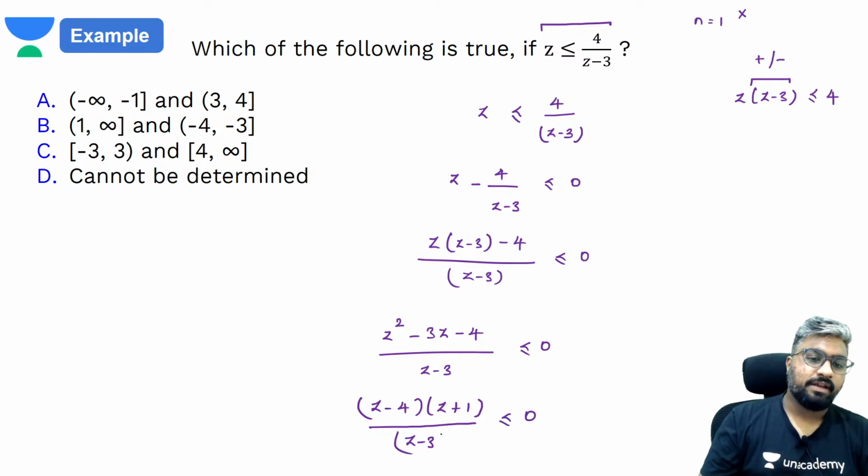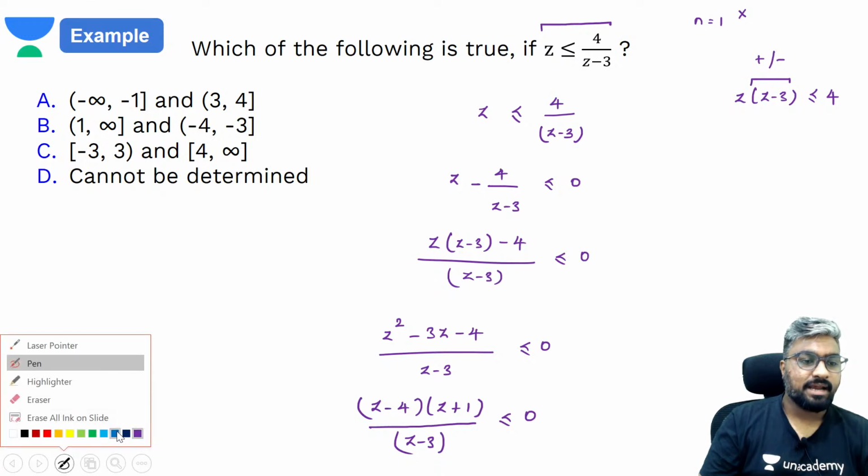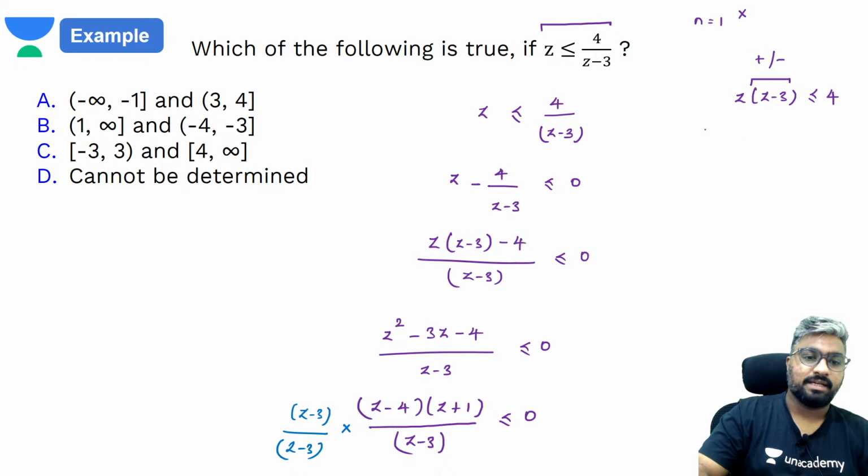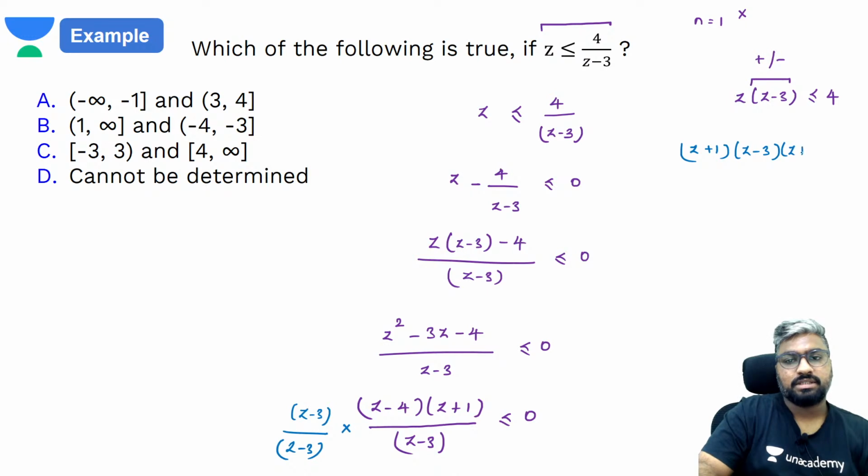Now because again we don't know anything about z minus 3, whether z minus 3 is positive or negative, what will you have to do? Multiply the numerator and denominator by z minus 3. All this hard work because we don't want to go reverse engineering. Okay, listen carefully, I will explain it completely. So what will you have? You will have z plus 1 into z minus 3 into z minus 4 divided by z minus 3 the whole square is less than equal to 0.